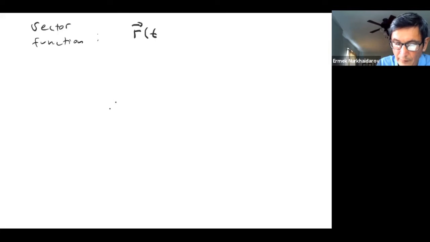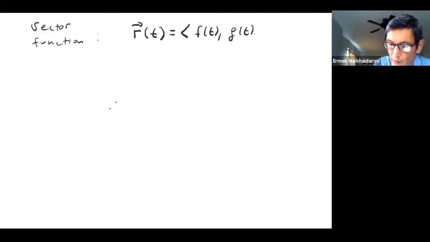So, vector function. What we have is a vector, and that vector we can treat as a functional parameter for x, a functional parameter for y, and a functional parameter for z.